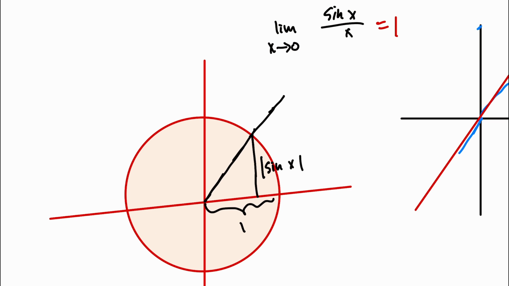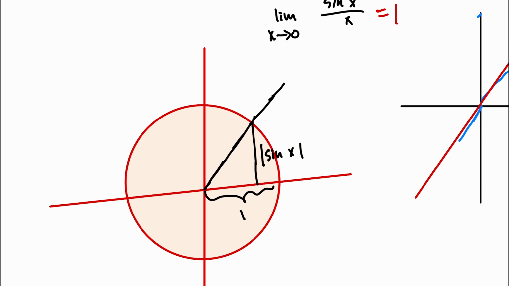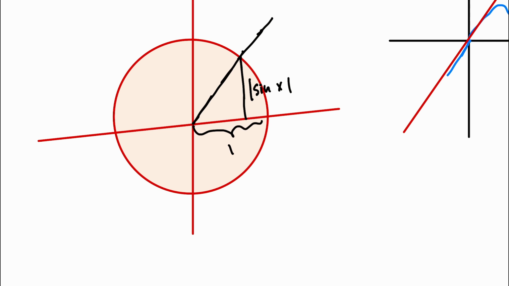Although if we want the limit as it approaches 0, we are only interested in quadrant 1 and quadrant 4, so this half of the plane.